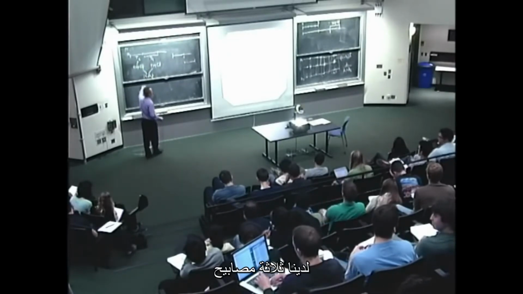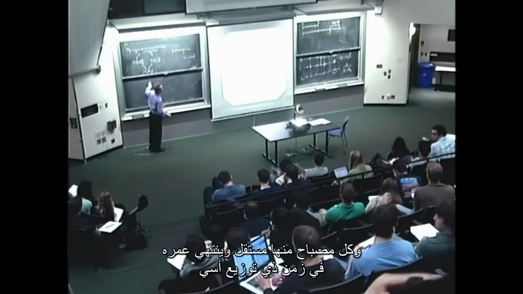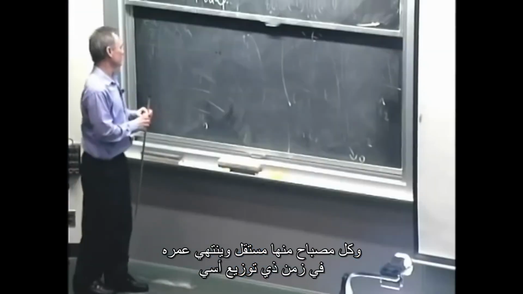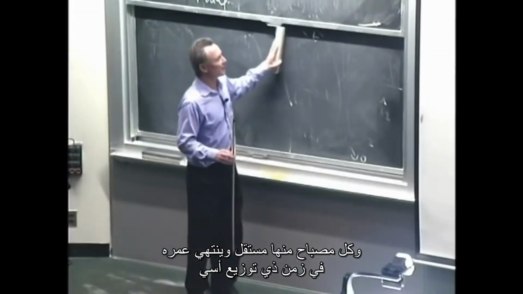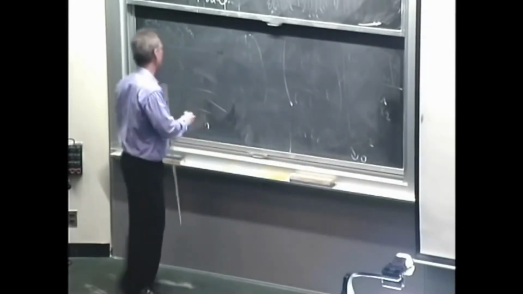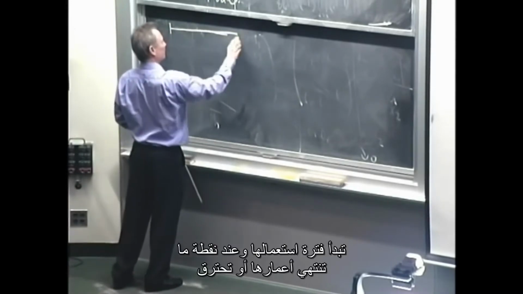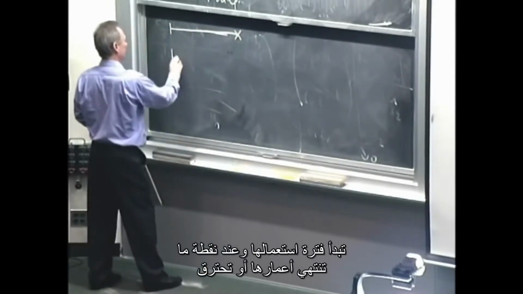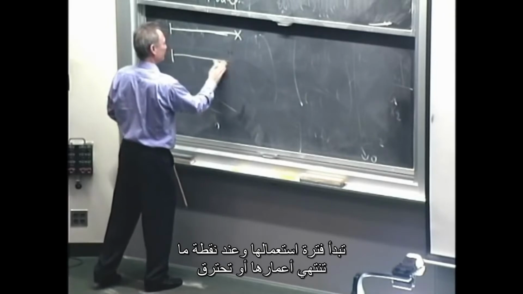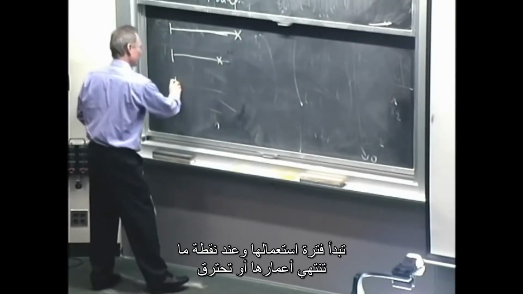We have 3 light bulbs, and each light bulb is independent and is going to die out at a time that's exponentially distributed. So 3 light bulbs start their lives, and then at some point they burn out.